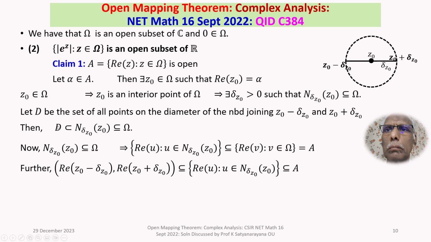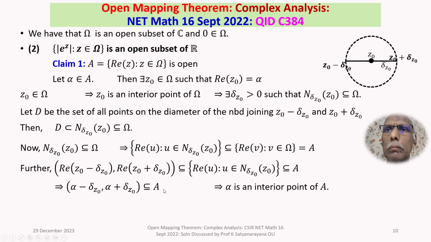This is a subset of the real part of D, and that is a subset of the real part of U, where U belongs to the neighborhood, which is contained in A. So the real part of z0 is alpha, and the real part of delta z0 is delta z0 only, because delta z0 is the radius, which is a real number. So this is the open interval alpha minus delta z0 to alpha plus delta z0, which is entirely contained in A.